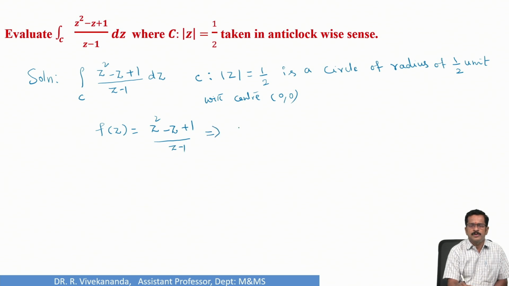What is a singular point? Singular point means where the function doesn't exist or its derivative. A singular point can be found by equating the denominator equal to 0. That implies z equals 1.